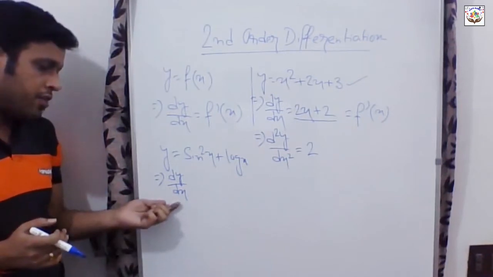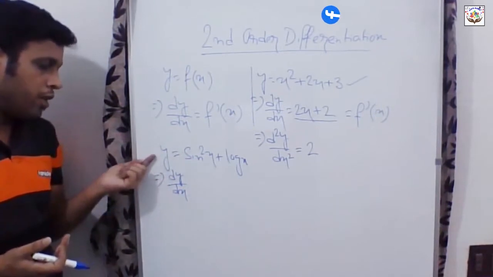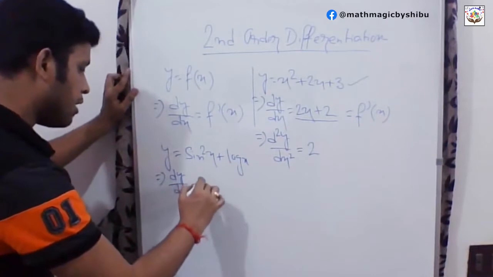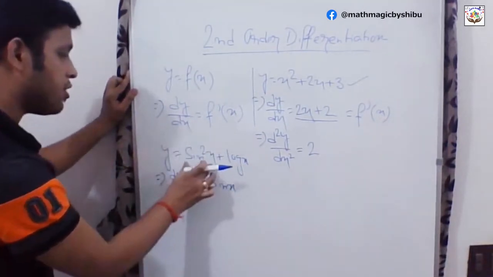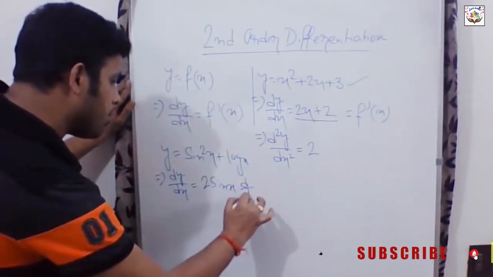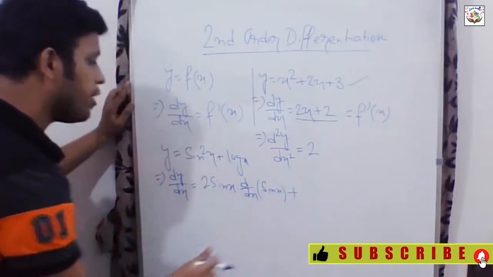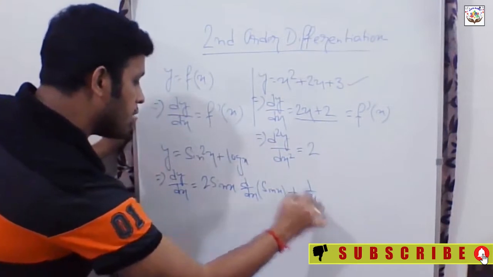So one time differentiation will be dy dx, when y is differentiated with respect to x. As we know, the differentiation of sine square x will be 2 sin x, and for sin x we need to differentiate it again, so d dx of sin x, and we know d dx of log x would be 1 by x.